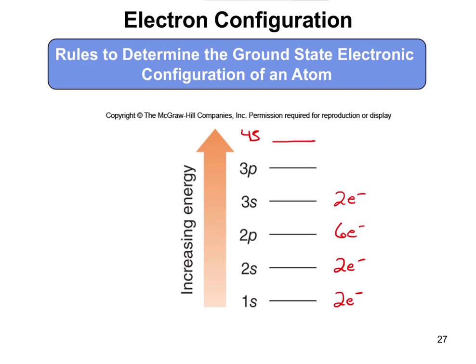In 3p we can fit 6 electrons. And then 4s, again, is an s, so it gets 2 electrons. So if we added up all of these, 2 plus 2 plus 6 plus 2 plus 6 plus 2, that would get us up to 20 electrons. So basically, what I'm asking you to be able to do is write electron configurations for elements that have up to 20 electrons. Beyond that, we don't have to worry about.